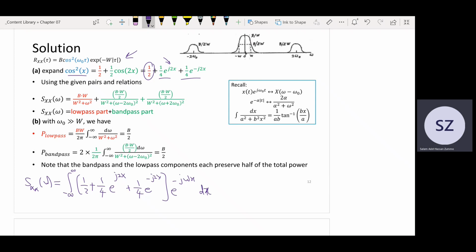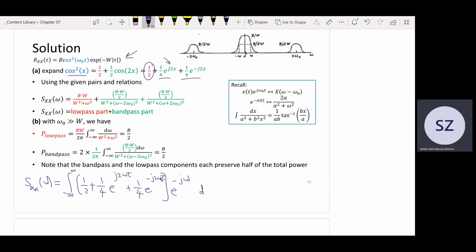We need to replace x by omega 0 tau again. So this will be 2 omega 0 tau, and this is minus 2 omega 0 tau.